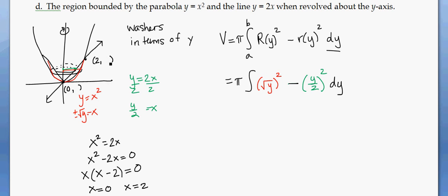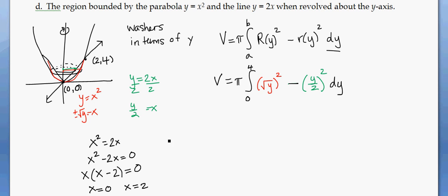But I'm more interested in that something, the y value. So I could take these values and put them into either one of these equations. 0 squared is 0, or 2 times 0 is 0. So either way, that's 0. 2 squared is 4, or 2 times 2 is 4. So I get my y value of 4. So I could do this through x and get y in a roundabout way, and I get my bounds are from 0 to 4.